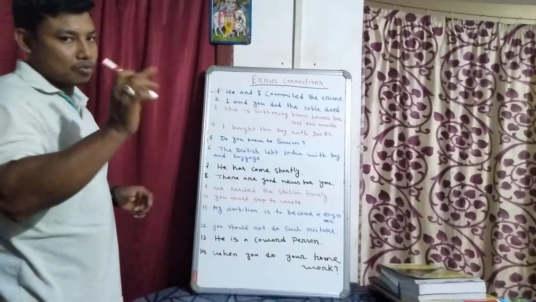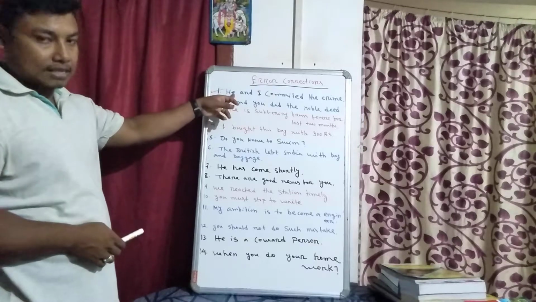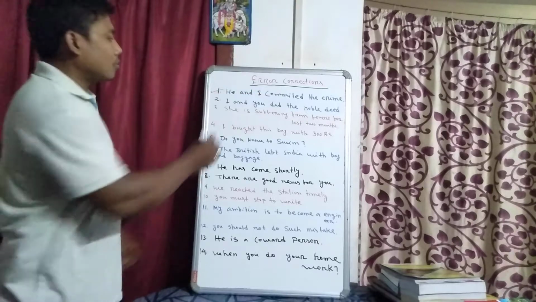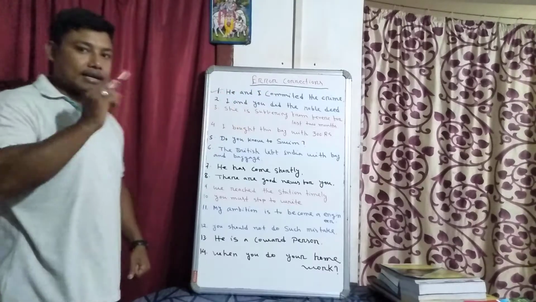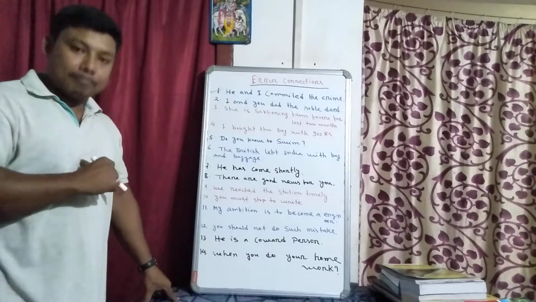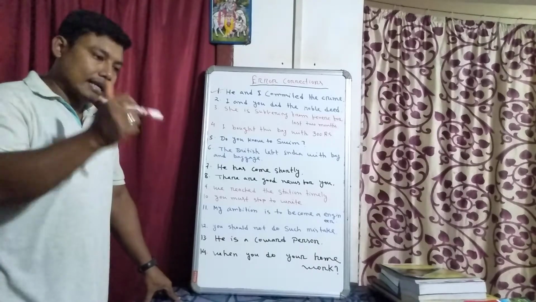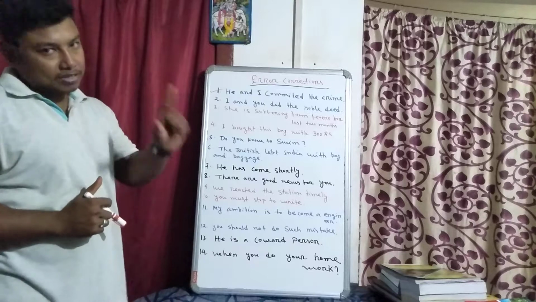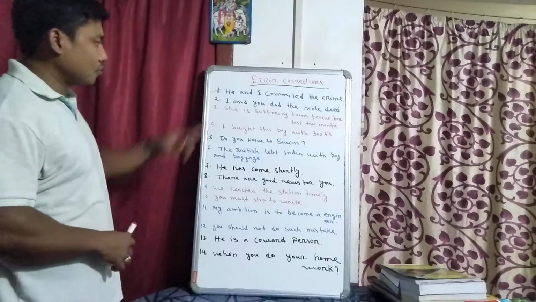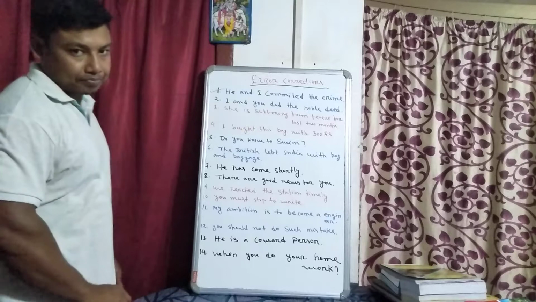Here he is given first, so he and I is wrong. Regarding crime, if I am related with this crime, first of all I have to mention my own name, then the others. So what will be the correct form? I and he committed the crime.